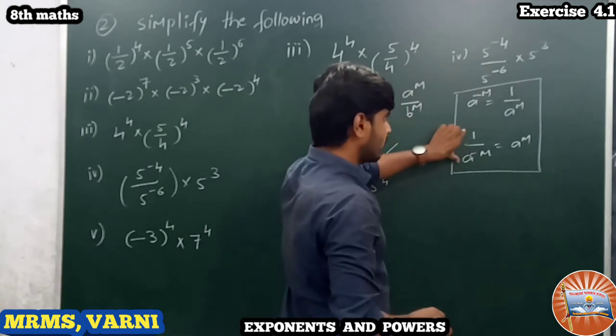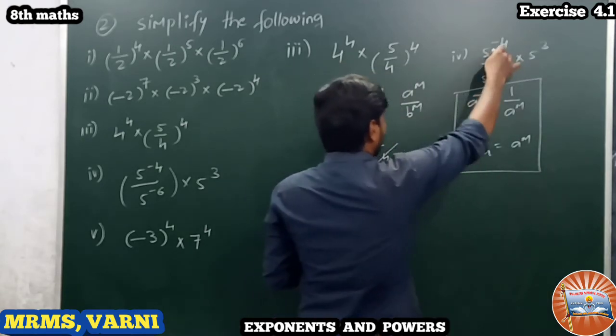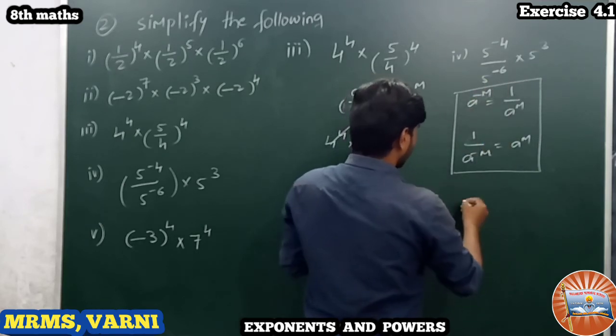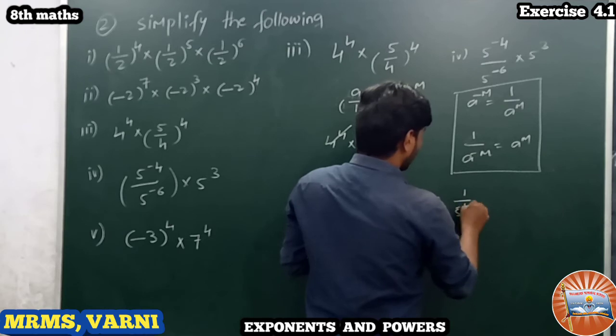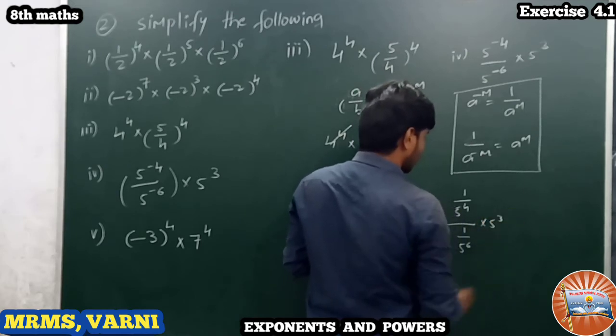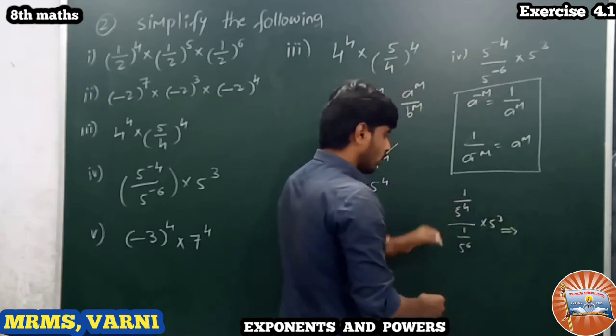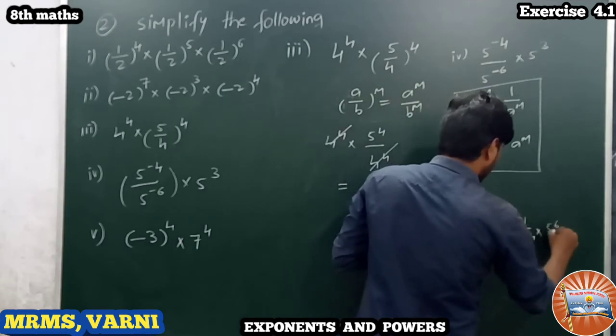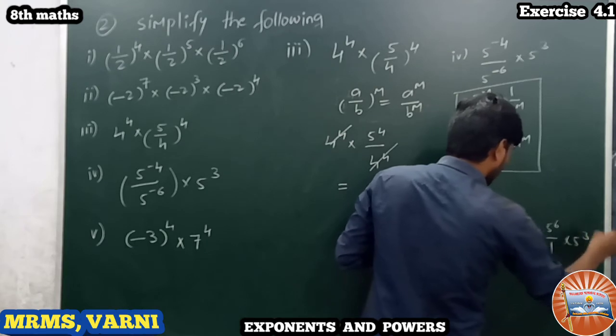With the use of these two laws, we can modify this. 5 power minus 4 comes to the denominator, it's nothing but 1 by 5 power 4, and this one is 1 by 5 power 6 into 5 cube, and this becomes a reciprocal. It's nothing but 1 by 5 power 4 into 5 power 6 by 1 into 5 cube.